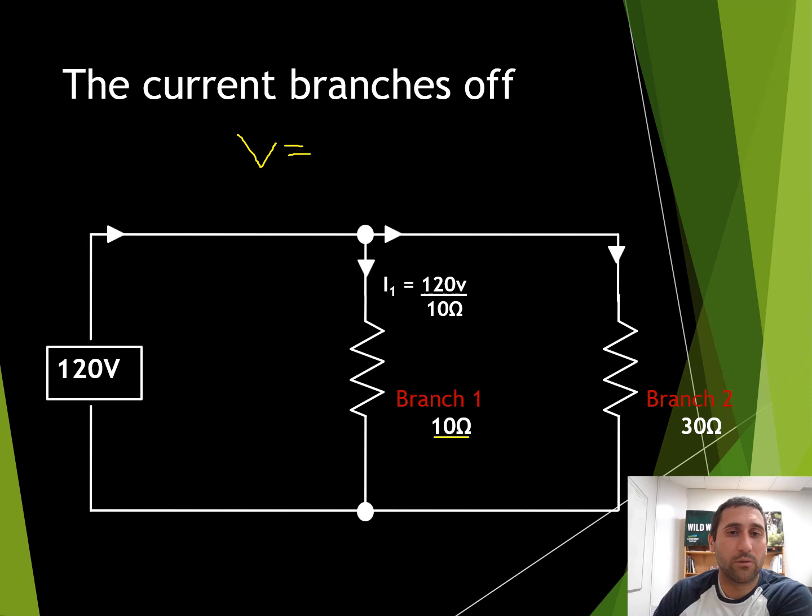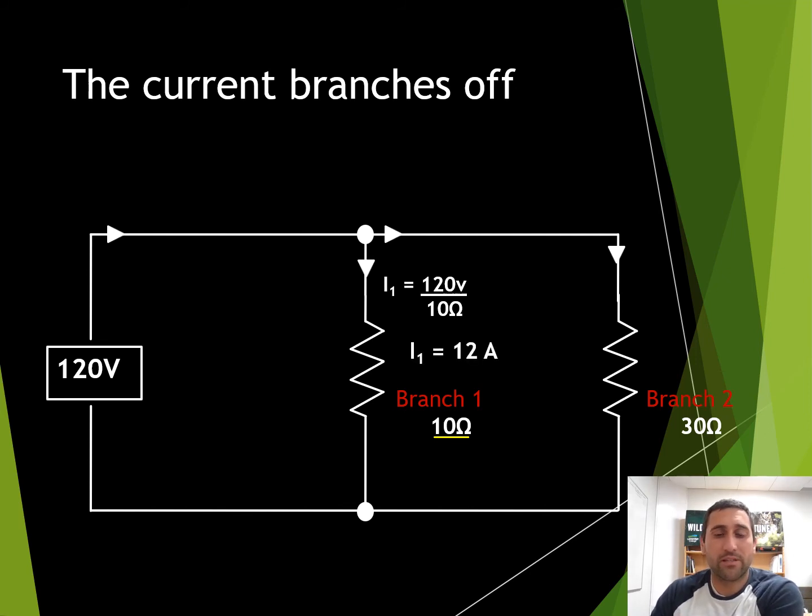V equals I times R. And we'll rework this formula to solve for I. So we divide by R, divide by R. So V divided by R is equal to I. That's what we're using to solve for current.